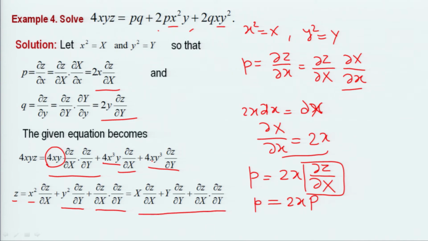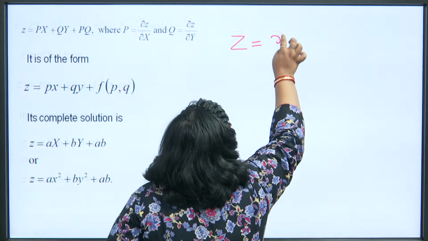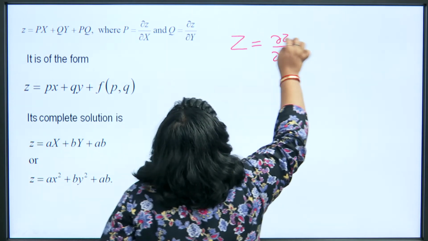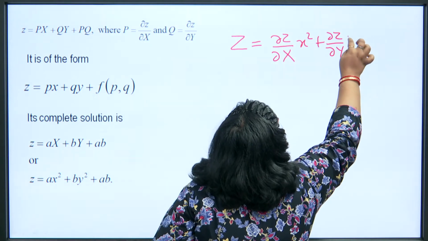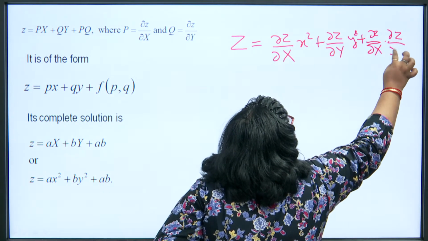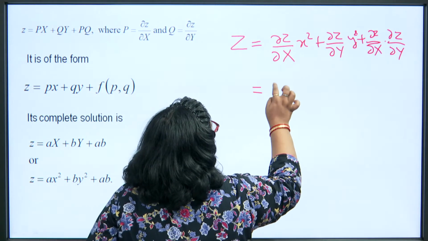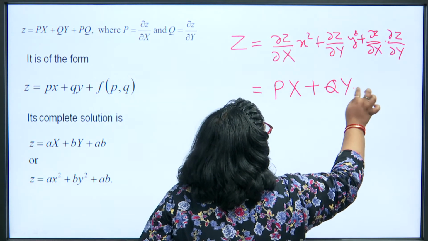Here x square is capital X, we assumed that earlier, and y is equal to capital Y. That is x del z upon del x plus y del z upon del y plus del z upon del x del z upon del y. We assume that del z upon del capital X is capital P, del z upon del capital Y is capital Q, so this is z equal to PX plus QY plus PQ.